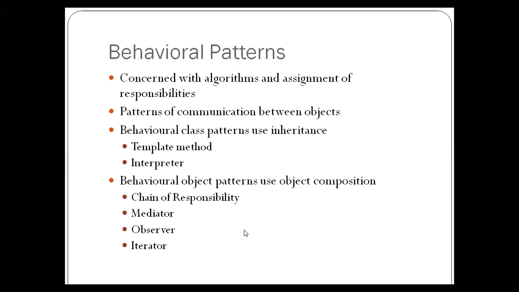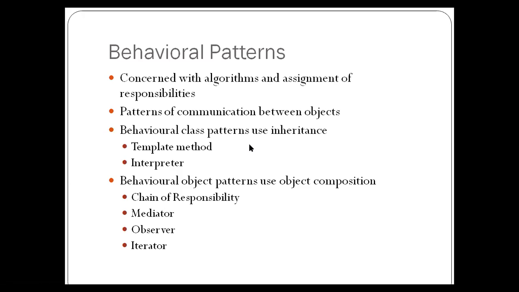Behavioral design patterns correspond to the algorithms and assignment of responsibilities between the classes and objects. It is mainly concerned with the communication between the objects. We have behavioral class patterns as well as object patterns.